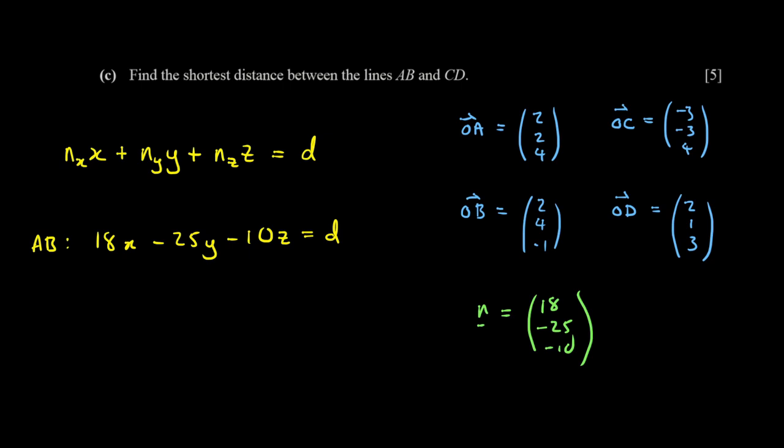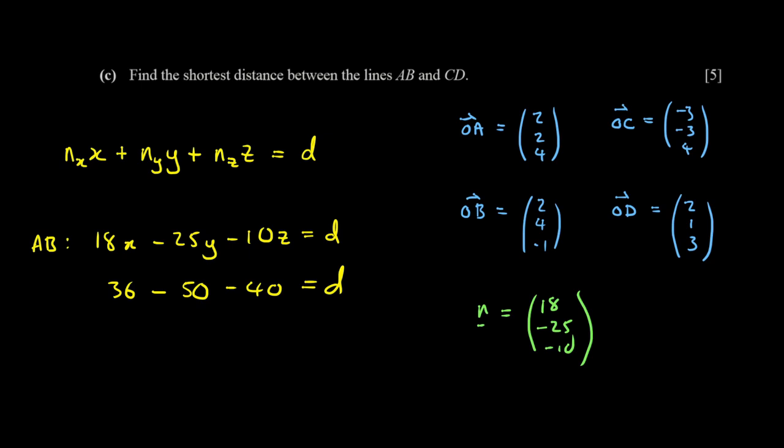If we've got the line AB on our plane, then we know that either this point here is on the plane or that point there, so we can just substitute these points in. I'll substitute in the point A. So I've got 18 times 2, which is 36, minus 25 times 2, which is minus 50, minus 10 times 4, which is minus 40. And that's going to give me d.